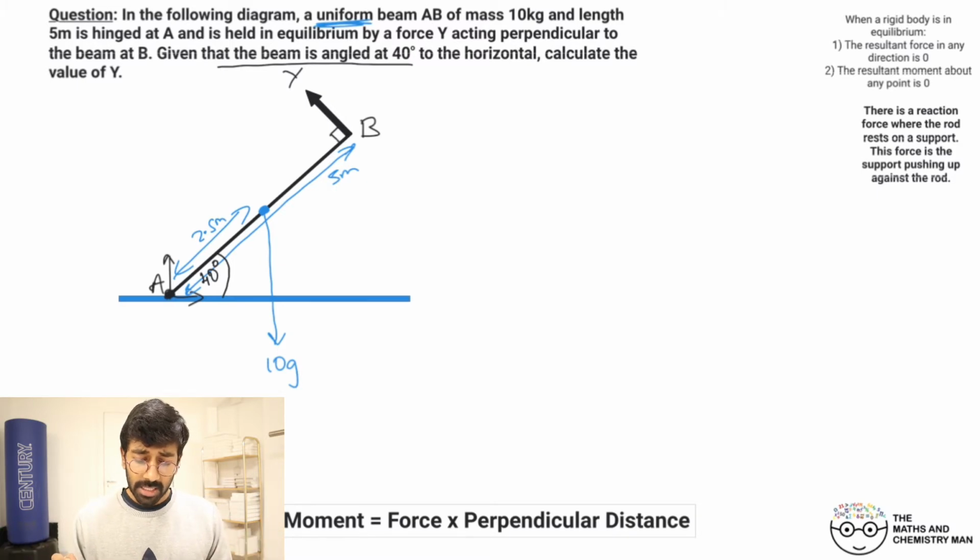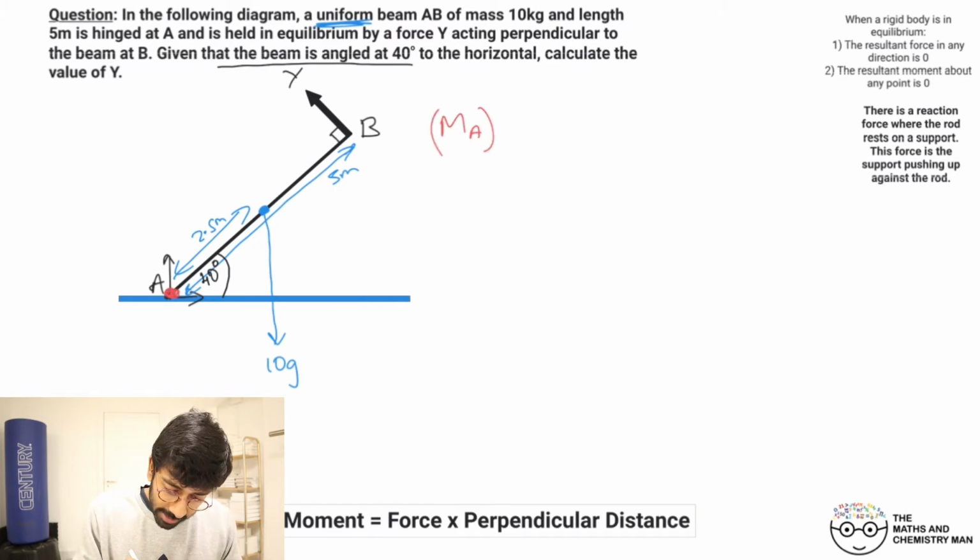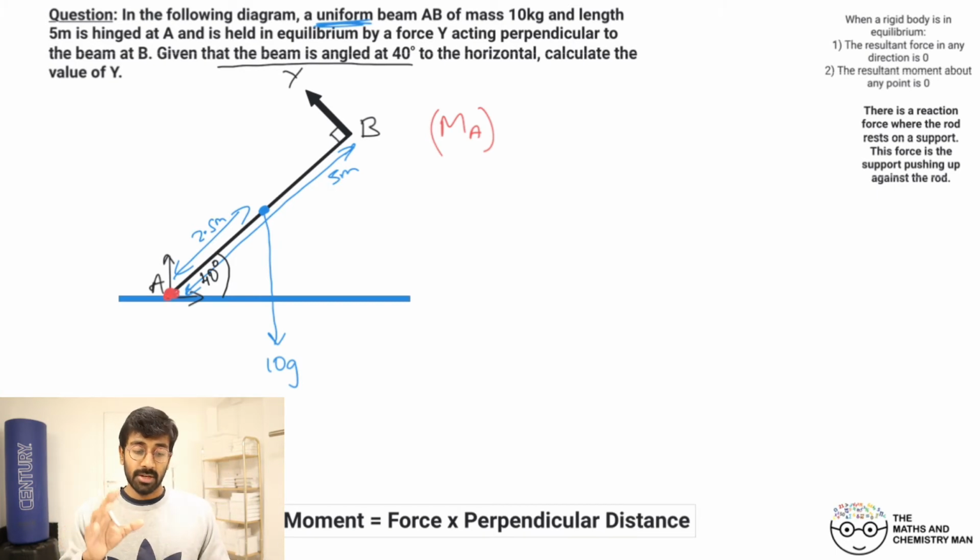So with this one, because it's on a slope, I think what we're going to do is go straight in and look at moments, right? So watch what happens when you look at these. We're going to take moments about A again, so down here at this point. Now, remember, if you watched that first video, if we're taking moments about this point, what we said is we can disregard any of the forces acting at this point.